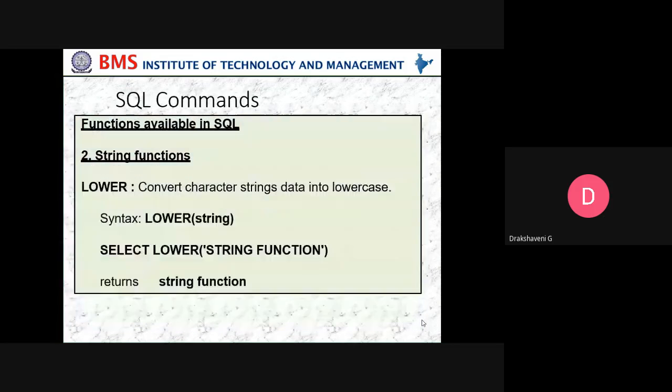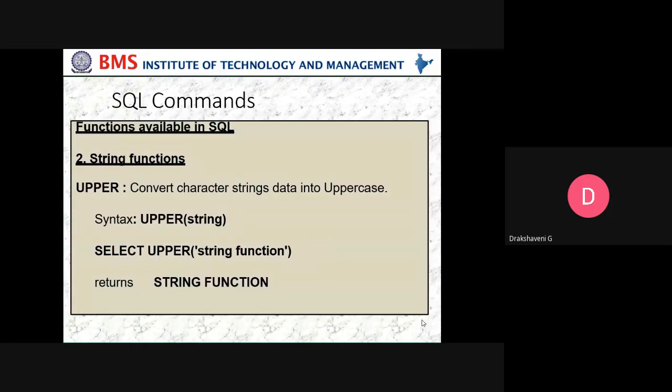So now, I have a string in uppercase. I want to convert from uppercase to lowercase. Then we use a built-in function called lower, and within that function, we have to pass the string which you want to convert from uppercase to lowercase. So this is what is called a string function. Then upper converts character string data into uppercase.